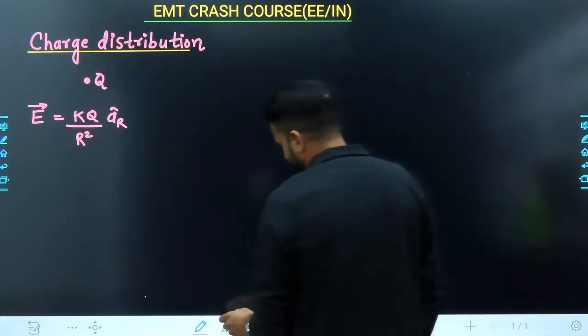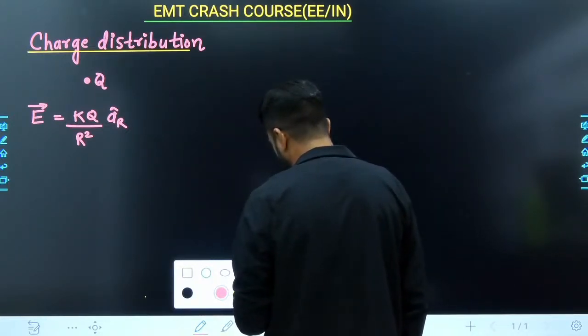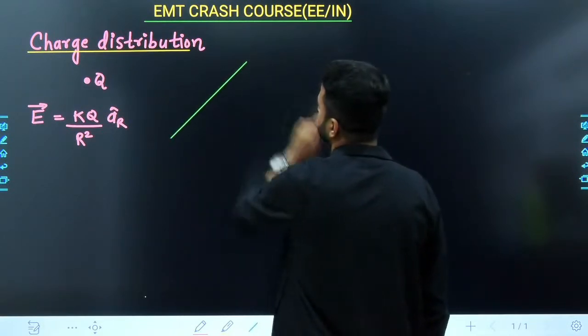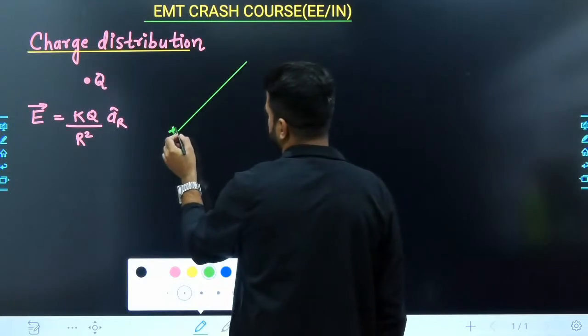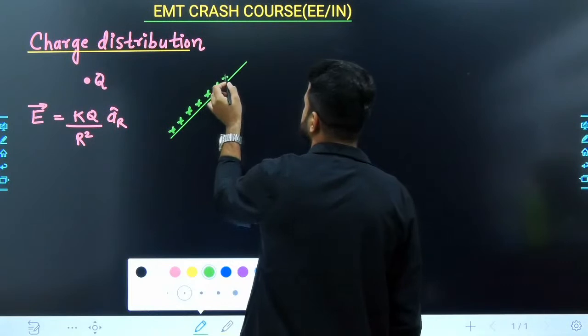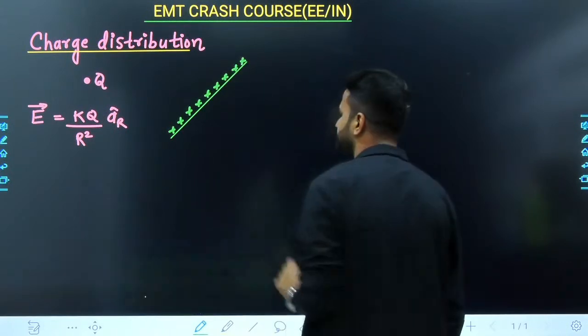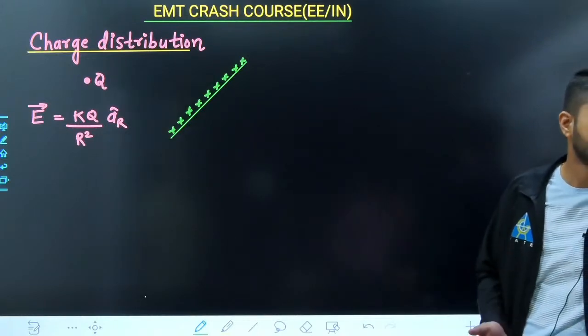Now it is also possible that the charges might be present in the form of a line. Suppose this is the line, and the charges are present here in the form of a line.